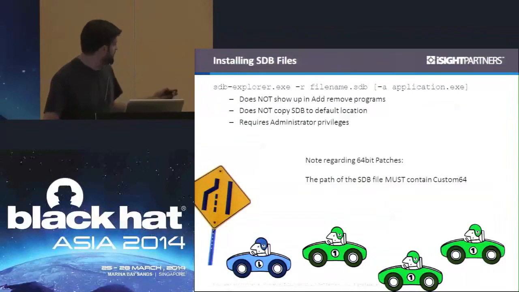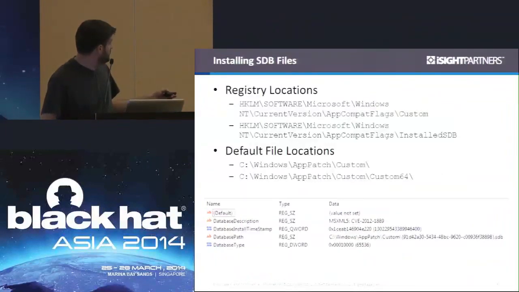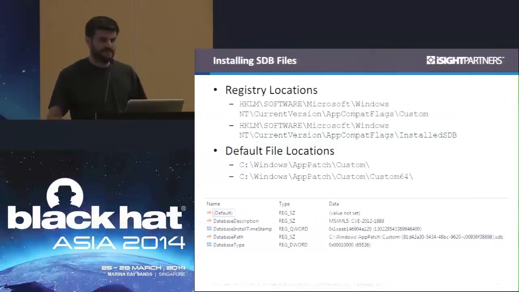I should have mentioned back here actually, these are the default locations that the sdbinst program copies the file to. If you're installing a 32-bit patch, it's going to put it in the AppPatch Custom directory. And if you're installing a 64-bit patch, it's going to put it in the Custom64 directory.